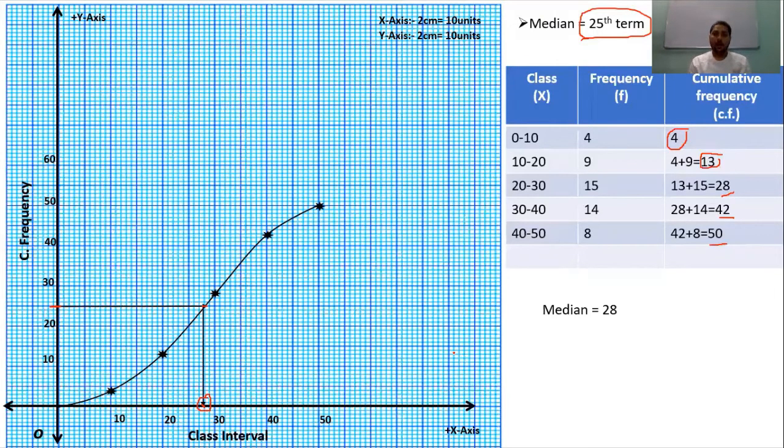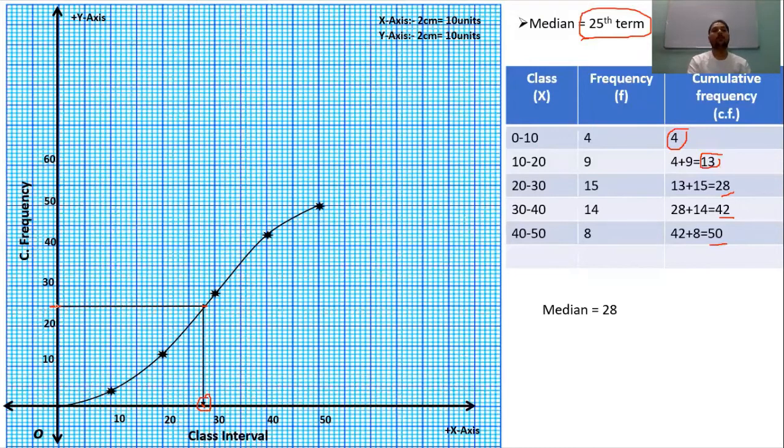select the class interval along the x-axis, then cumulative frequency along your y-axis. Decide the scale factor, draw the points of your cumulative frequency, join them with your freehand. After drawing, find the median term. As we have found the median term is the 25th, find the median term point on your y-axis.